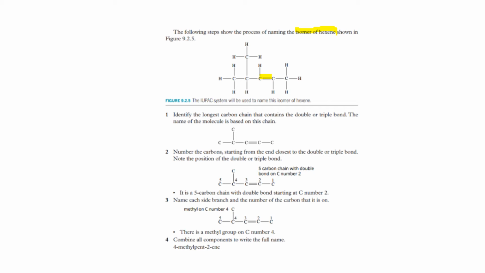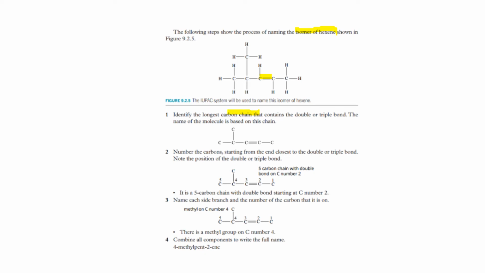Based on the molecular formula of alkenes, which is CnH2n, we know that the molecular formula of hexene has to be C6H12.